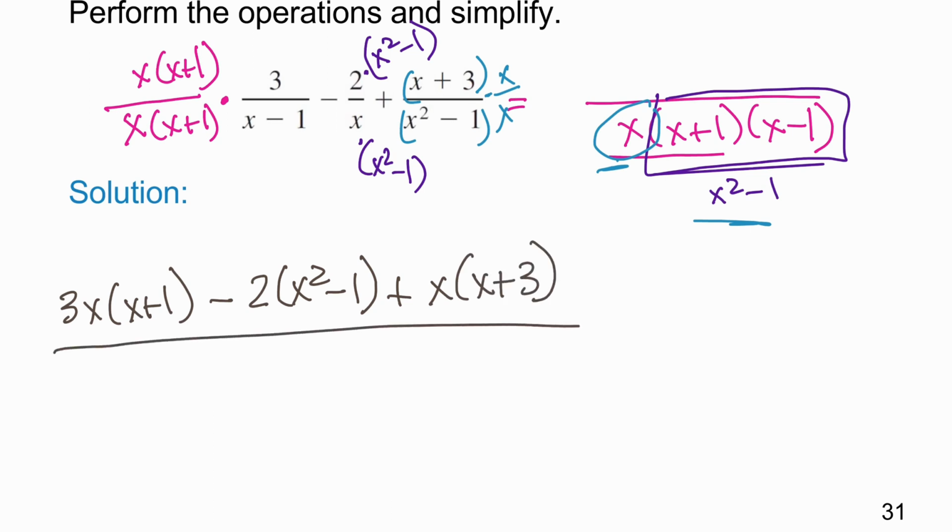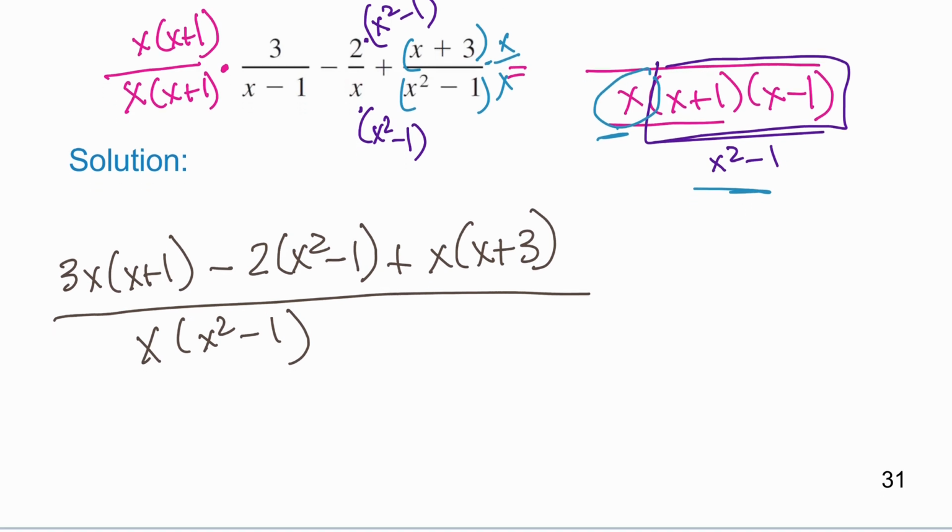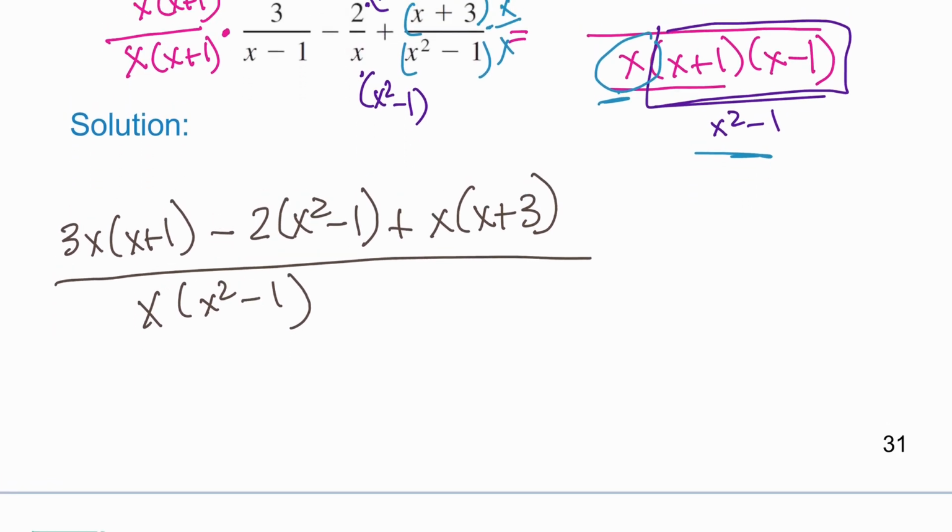And this is all divided by my x times my x squared minus 1. And then I would distribute all of that and combine like terms. And so 3x squared plus 3x minus 2x squared plus 2 plus x squared plus 3x, right?